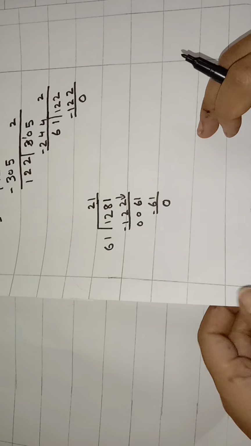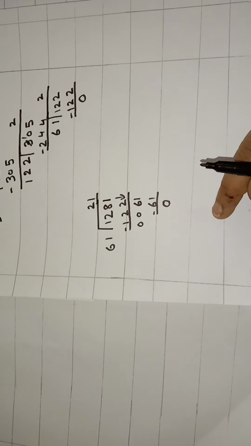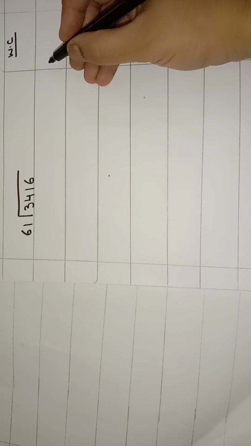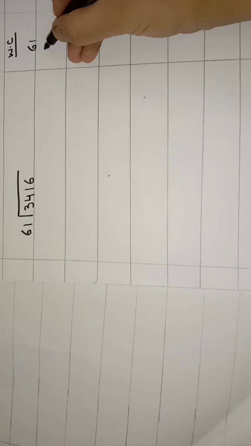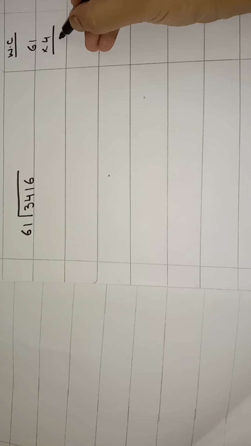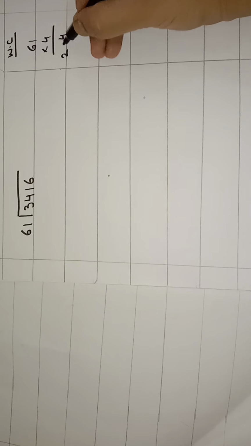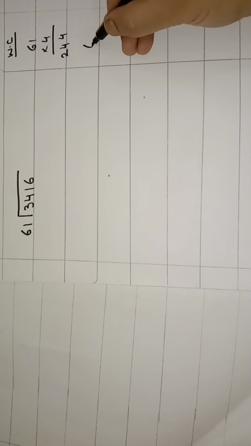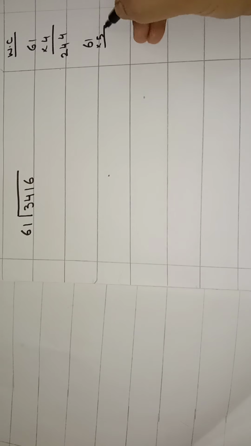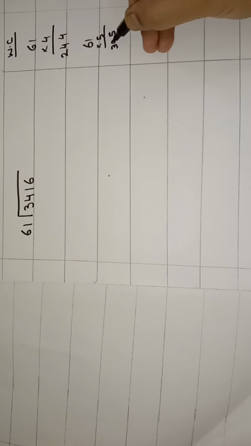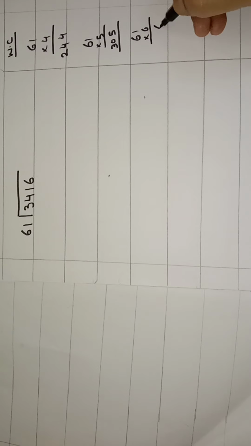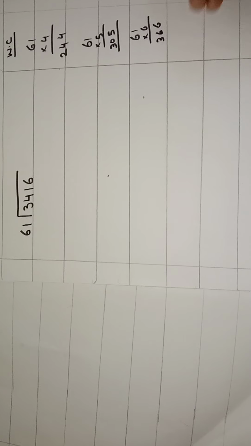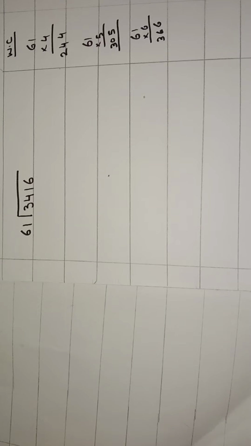Now we will divide this 61 into our last number, 3416. So let's try 61 into 4. 4 ones are 4, 4 sixes are 24. 61 into 5, 5 ones are 5, 5 sixes are 30, 305. 61 into 6 will become bigger because 6 sixes are 36, and we need 34.